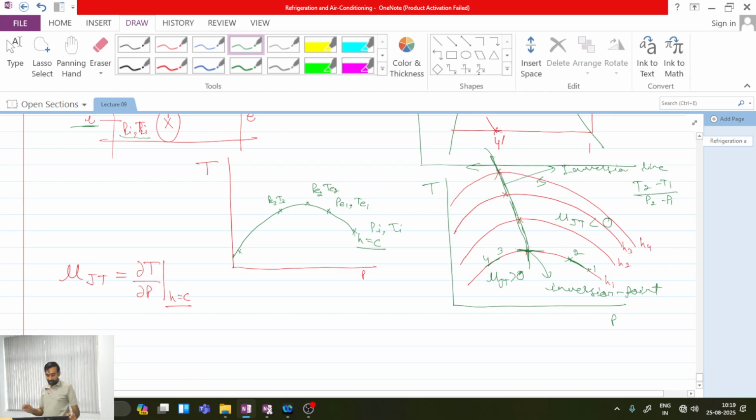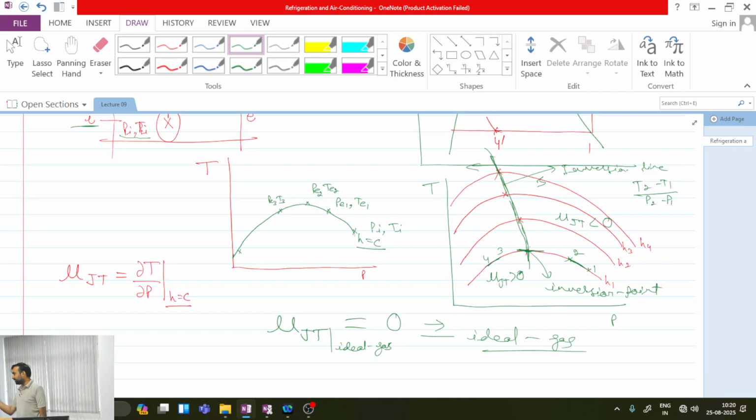Okay, and moreover, mu Jt can also be calculated from thermodynamic property relations, and if you calculate mu Jt for ideal gas, you will find mu Jt for ideal gas is always equal to 0. It means that if you do throttling of an ideal gas, of course, there will be decrease in pressure, but there will not be any change in temperature of the ideal gas.